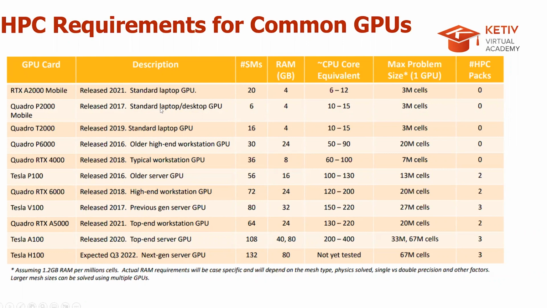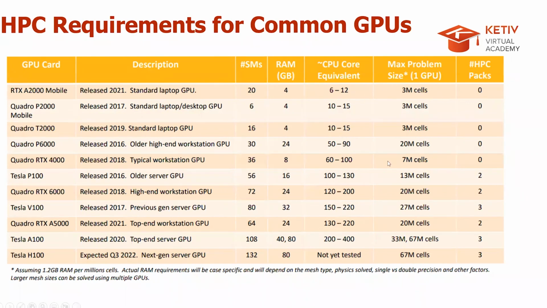If you look at a standard laptop or desktop GPU, roughly, they have around 20 to 30 streaming multiprocessors, as you can see in this column over here. Because these are less than 40 in number, you will notice that you don't need any additional HPCs for just using these to do your CFD simulations. So if you have any one of these, with less than 40 streaming multiprocessors, then you're good to go. Just a CFD Enterprise license is all you'll need to run your CFD simulations.